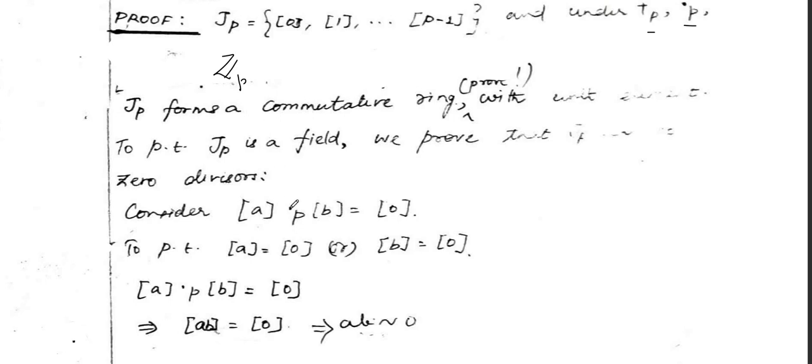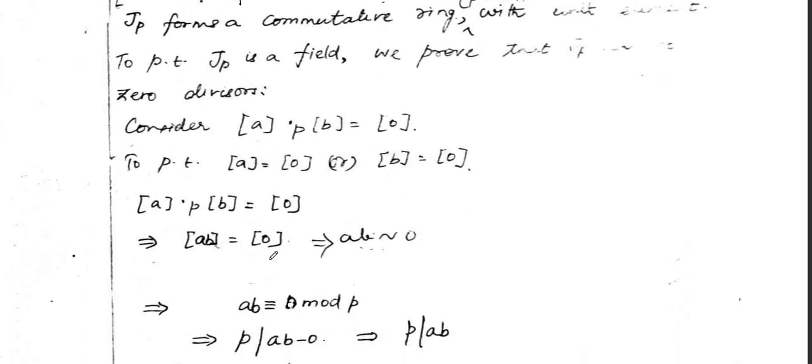If this is asked in section C, you'll have to consider the elements and mention all the axioms for it to be a commutative ring, and the previous lemma is also to be proved. As such, if you consider the proof of this corollary, in a few steps it will get over.